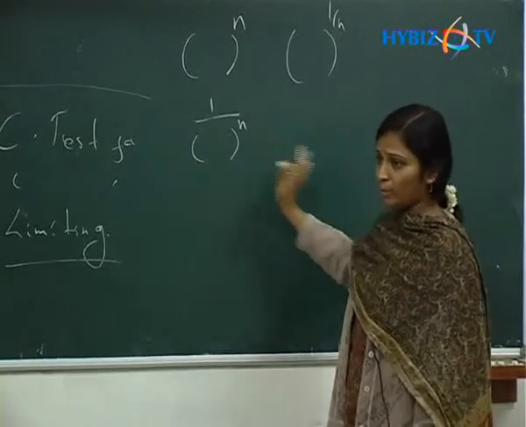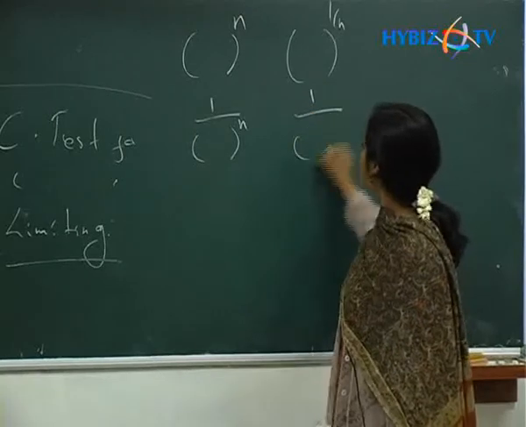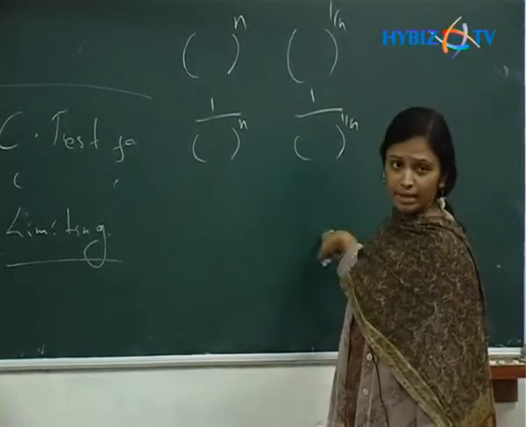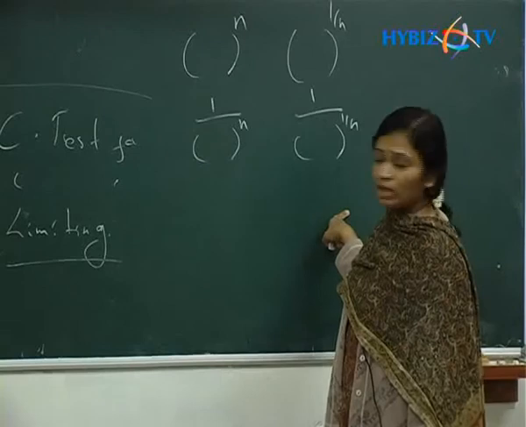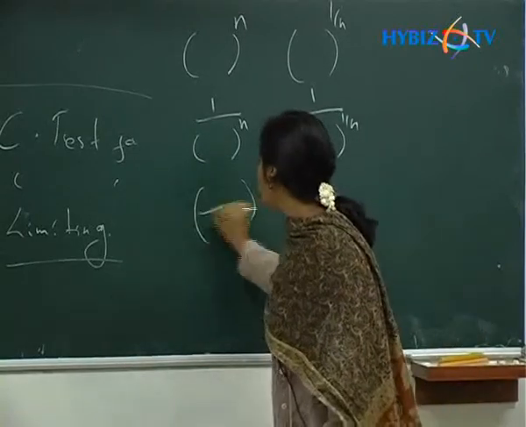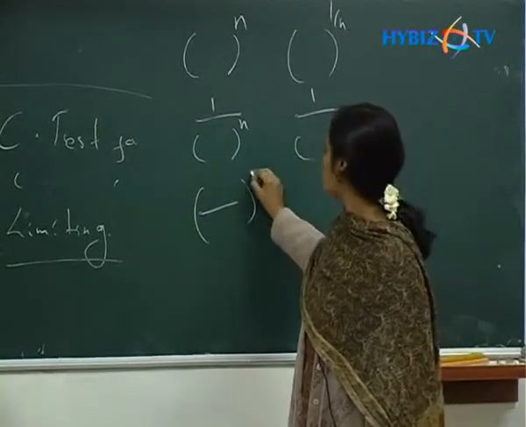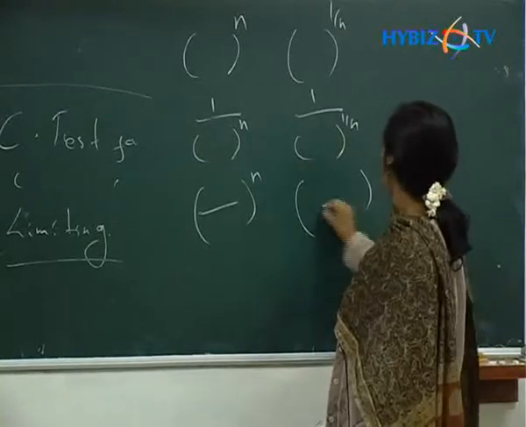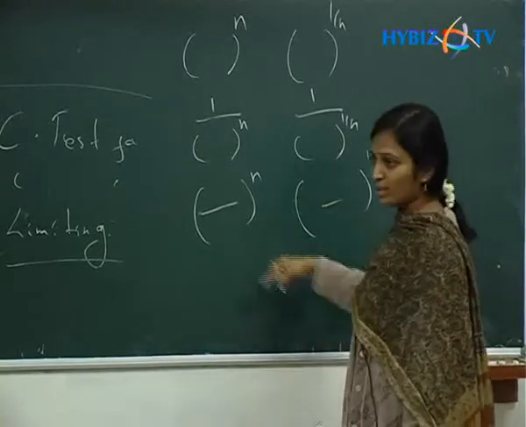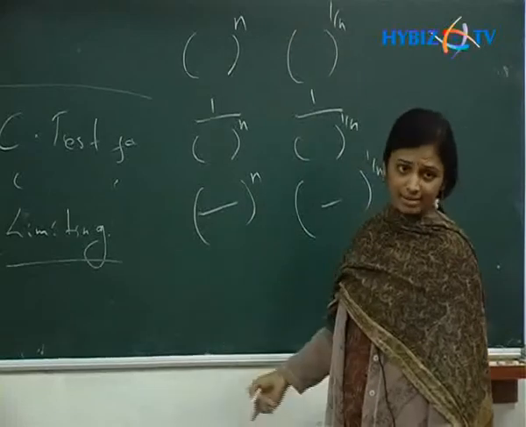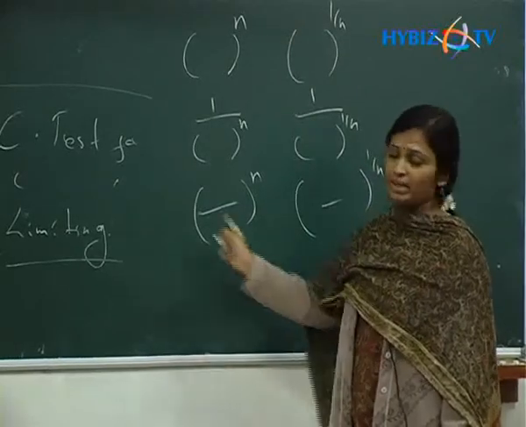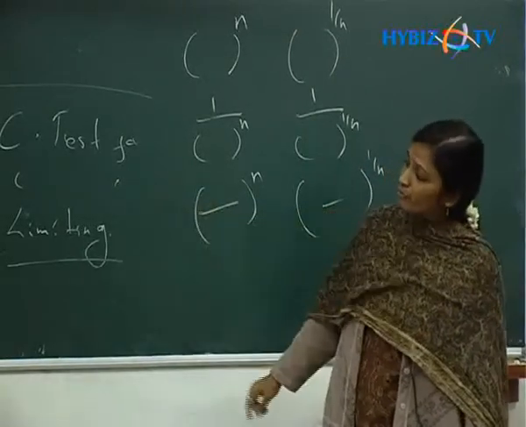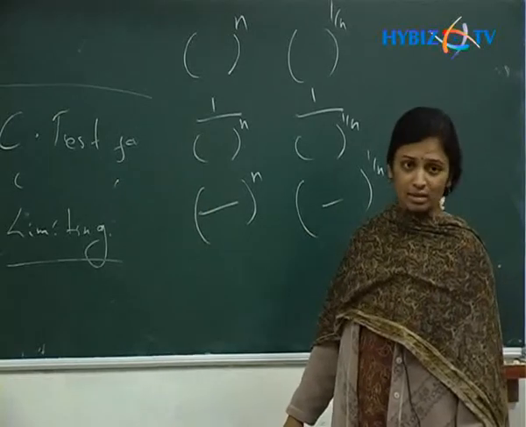You can identify problems like this in general. Now, to the power 1 by n, the 4 forms are also over. Then the numerator and denominator both have the power n and 1 by n. If you see a problem in these 6 cases, only then do you apply this 4th test. Understood that?